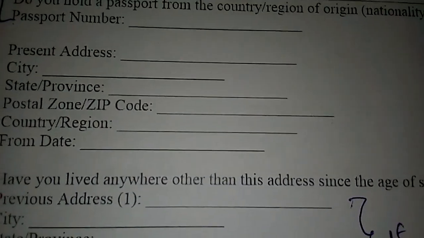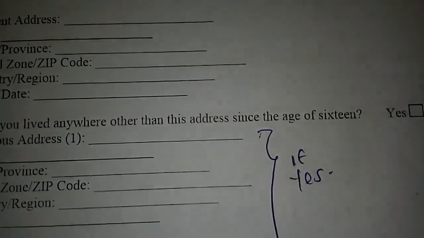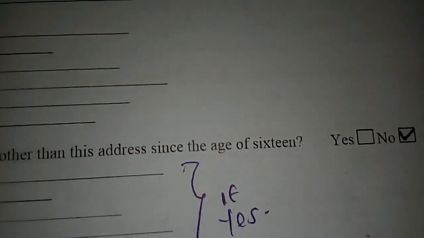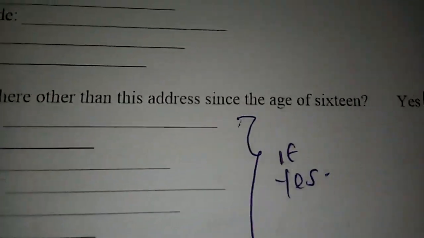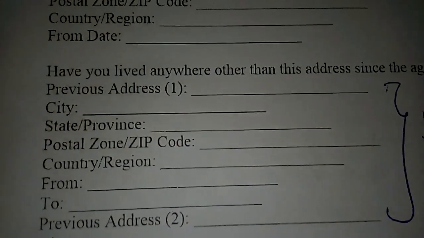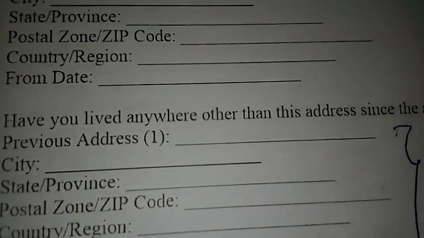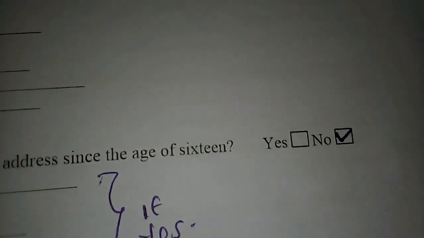The next question says, have you lived anywhere other than this address since the age of 16? Let me show you this, guys. It says, have you lived anywhere other than this address since the age of 16? And then it gives you two options.